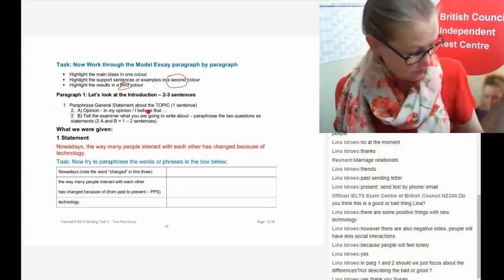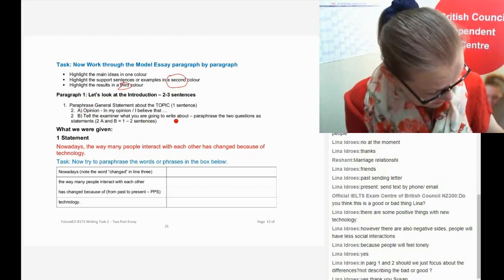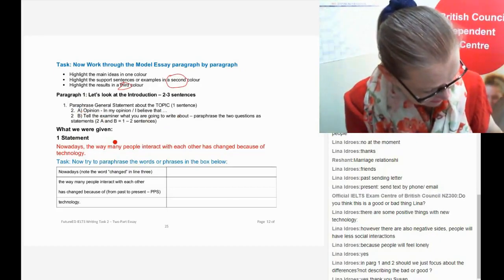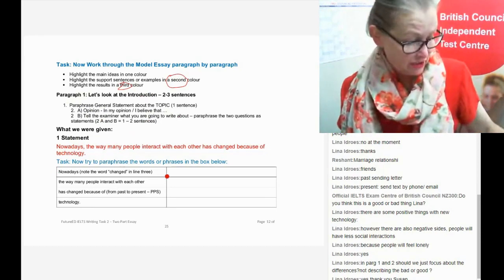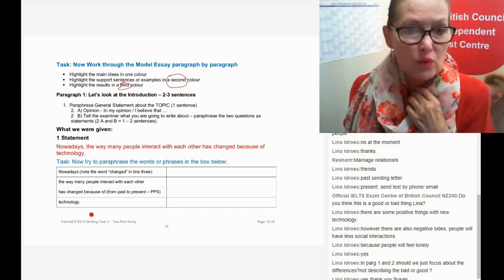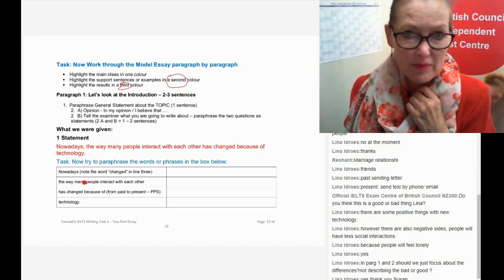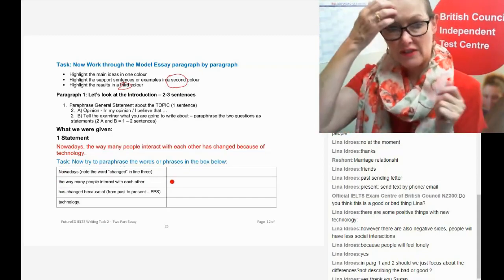Otherwise, I can remember to give you a copy of it when you come to the next lesson. And I've made a note. We're going to do it paragraph by paragraph, and then right at the end of the lesson, we'll put the whole thing together.